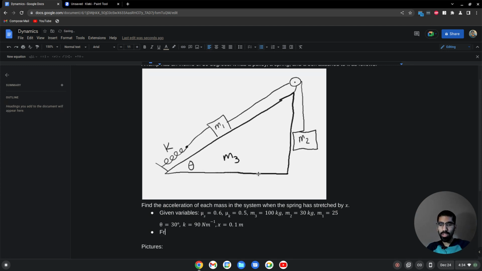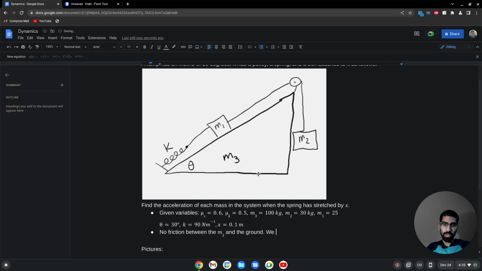We have to assume that there's no friction between the mass M3, which is the ramp, and the ground, which means this ramp, it can also move, which is going to complicate things.